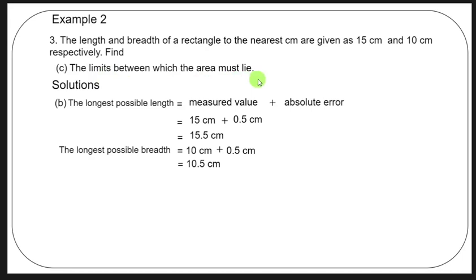So here we need to find the area using the shortest possible length and then the shortest possible breadth. Then also we'll get again the area for the longest possible length and then the longest possible breadth.